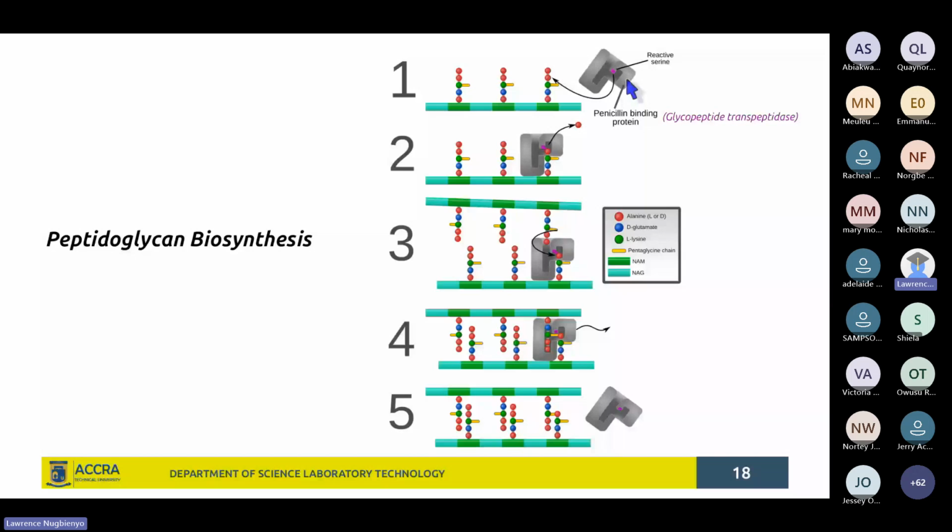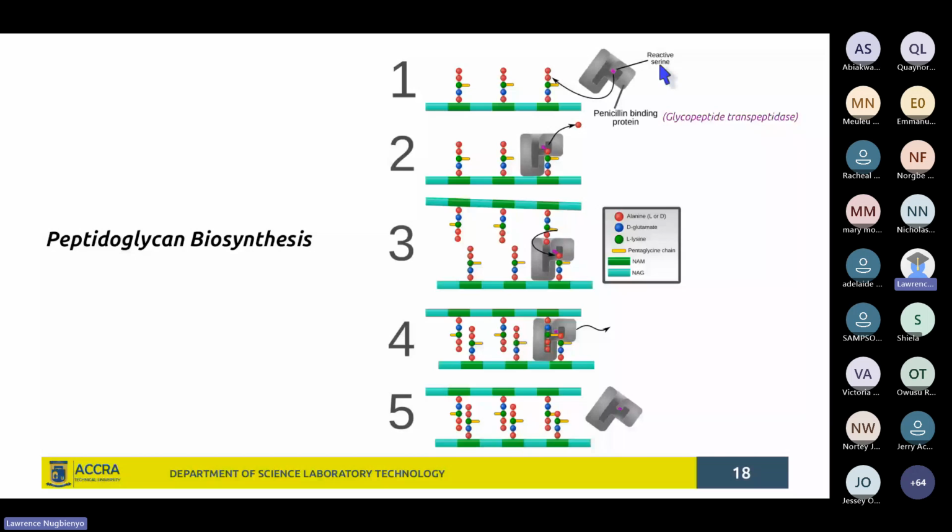Now that penicillin binding protein has an active center in which you have what? A reactive serine. You do remember when we were looking at the mechanism of action of enzymes, one of the mechanisms we looked at was the serine proteases, where you have in the active center of this enzyme serine, which was responsible for donating a proton.